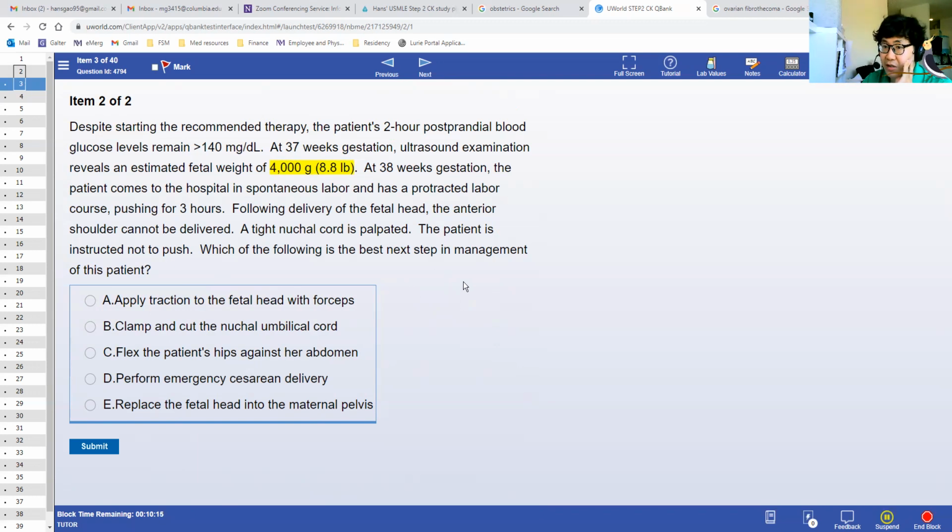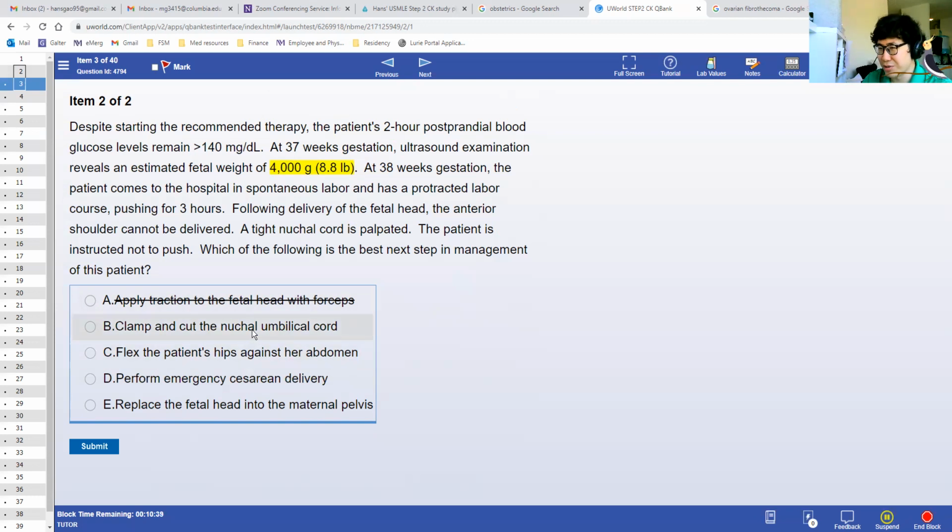Which of the following is the next step in management? You would not try to apply traction because if you do that, the neck cord is just going to become tighter. Clamp and cut the nuchal umbilical cord. Just moving it is not an option here, which I find kind of odd because I feel like that's the thing you do. I've never seen any other way this is done.